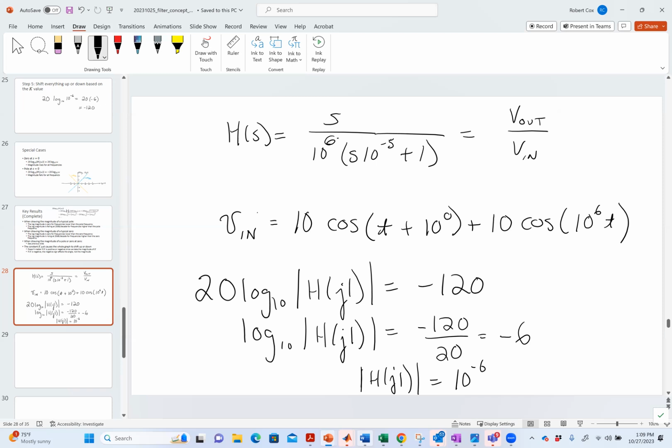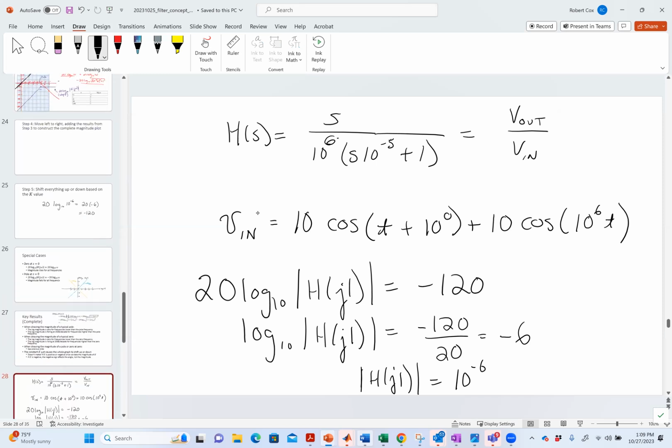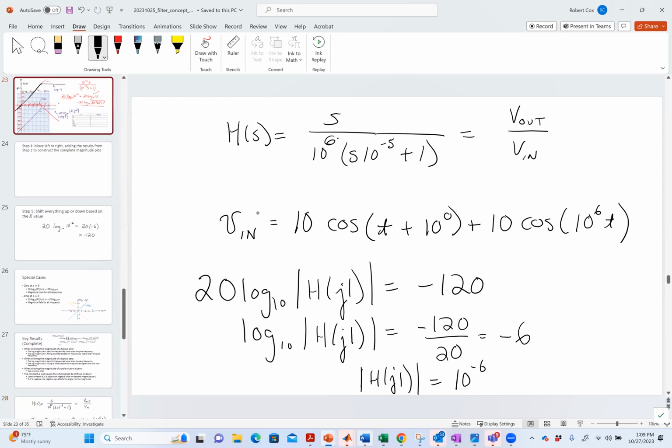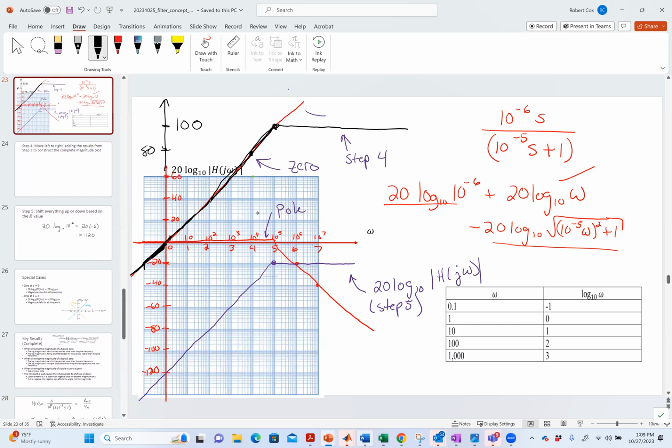So this guy's a good filter. He's getting rid of that low frequency. Now, what's happening at 10 to the 6? I'd have to go back to the graph. 10 to the 6 should be after my breakpoint, so that's right here. What's the magnitude there?